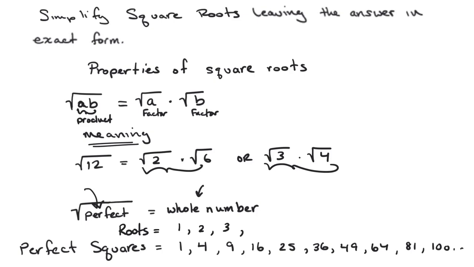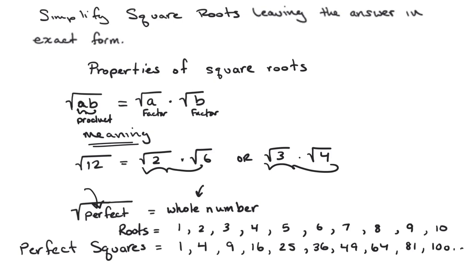The root of 16 is 4. The root of 25 is 5. The root of 36 is 6. The root of 49 is 7. The root of 64 is 8. The root of 81 is 9. And the root of 100 is 10. Basically, if I take my whole numbers and multiply them by themselves, I make a perfect square.